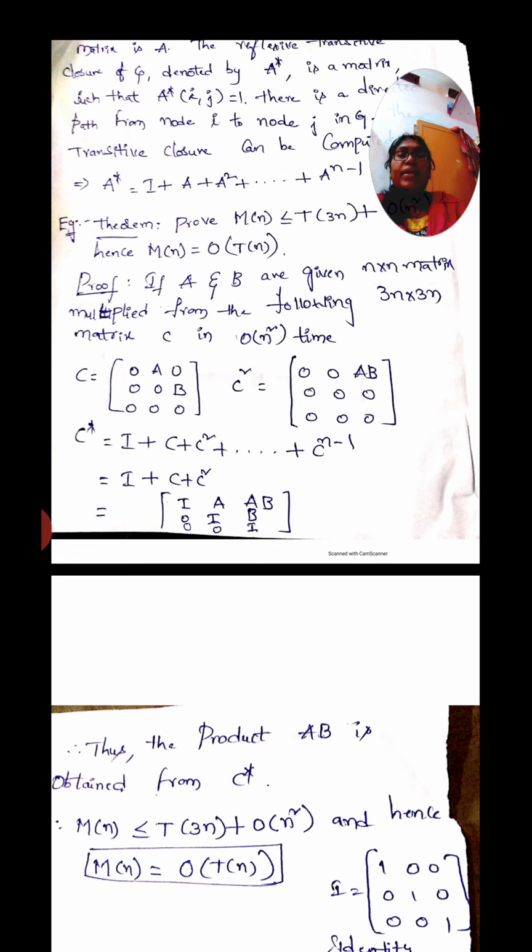Now we get the value C asterisk is assigned to I A AB, and then 0 I B, and then 0 0 I. This is the reflexive transitive closure of a graph G, denoted by C asterisk. It is nothing but computing the transitive closure of a graph G.